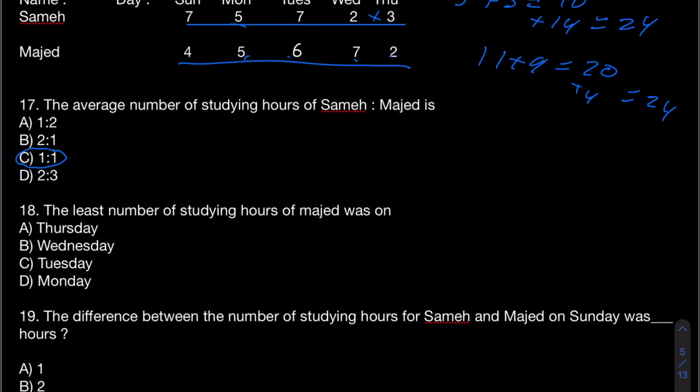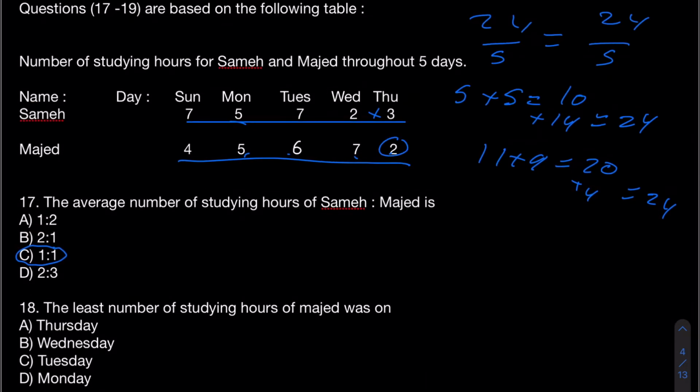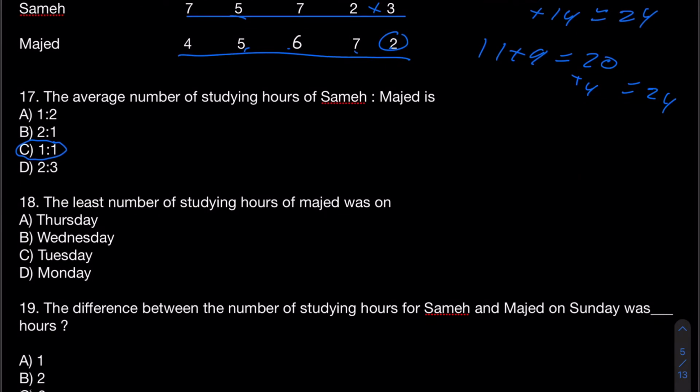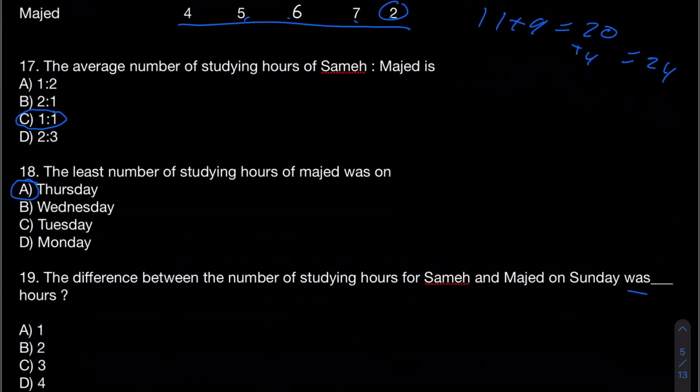Then you have: the least number of studying hours for Majid was on which day? 2, on Thursday. You see how you can really just fly by these questions. The difference between the number of studying hours for Sameh and Majid on Sunday was what? I think the goal of the exam here is to confuse you.